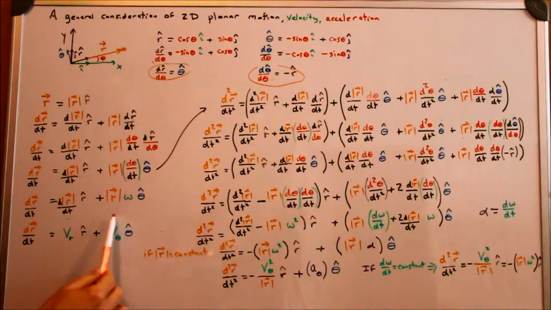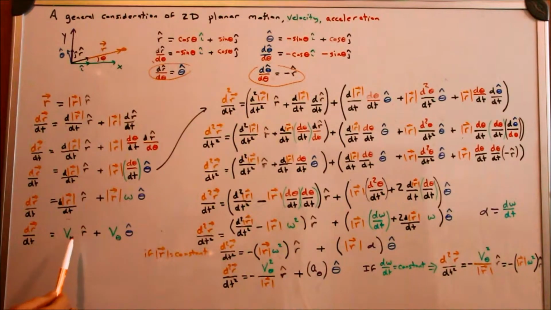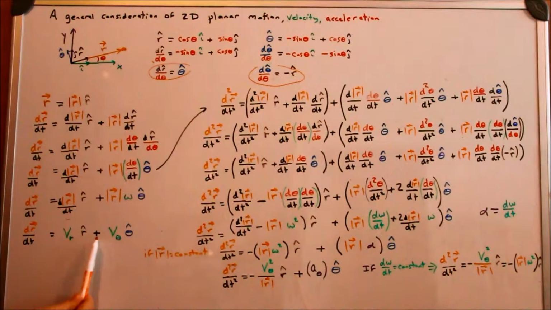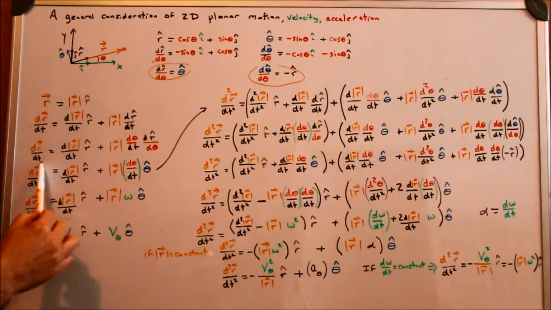So this is a term saying at any moment of time, these are my velocity components: the velocity in the r hat direction, the velocity in the theta hat direction. So velocity in itself is a useful thing. And now we'll talk about acceleration. And rather than going down to this term, we'll use this term right here.